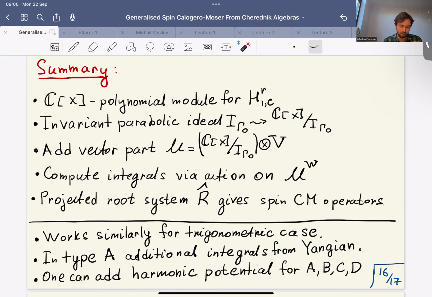I must say that it also works in the trigonometric case. It is in the paper. In type A, there are additional integrals from the Yangian and Drinfeld factor, and one can also add a harmonic potential in the rational case for types A, B, C, and D.